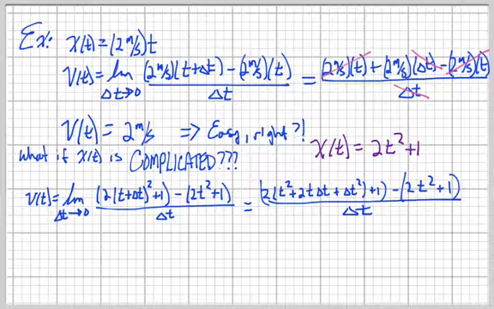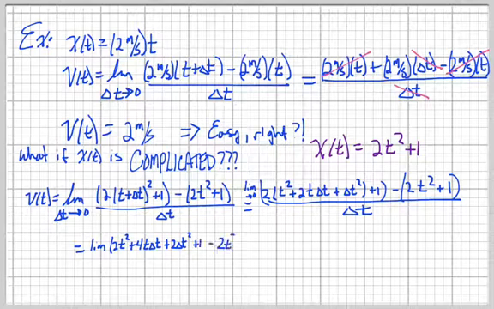Now we need to start simplifying again. Oh, and it's the limit of that, by the way. I forgot to put the limit in there. The limit still needs to be there. So, once again, it's the limit of expanding out 2t squared plus 4t delta t plus 2 delta t squared plus 1 minus 2t squared minus 1, because we distributed the negative in there. Make sure you do that because that's the source of many an error when you're doing a derivative from scratch.